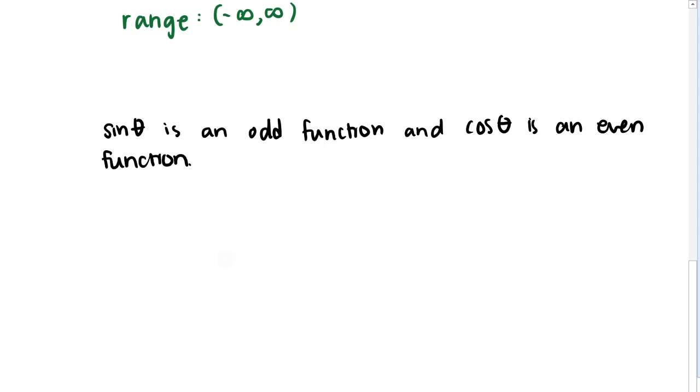Well, this just meant that if I plug in negative theta, so negative of some angle, into sine of theta, that just amounts to us getting the negative of the output if I were to plug in theta into my sine function. And for our cosine function, if we plug in the negative of some angle, it's really equivalent to plugging in the positive of that angle.